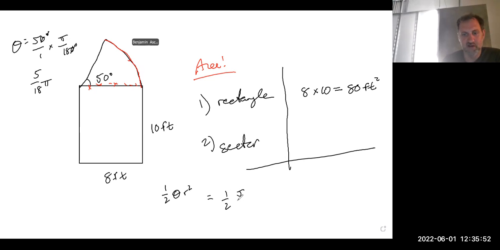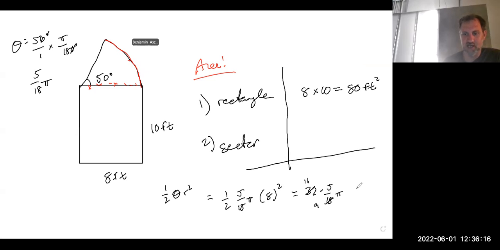So here's my formula: 1/2 times 5/18 pi times 8 squared. The radius was 8, so 8 times 8 is 64, divided by 2 is 32. 32 times 5. Well, let's simplify the 32. Sorry, I'm doing a lot in my head here. 5/18 pi, simplify 16/9.